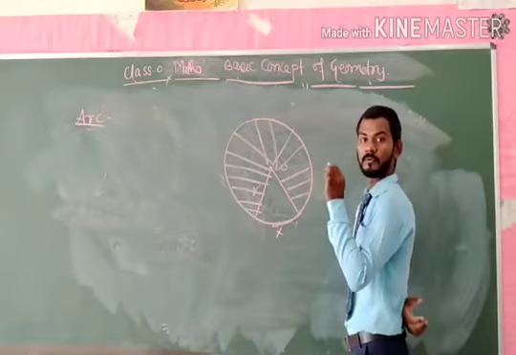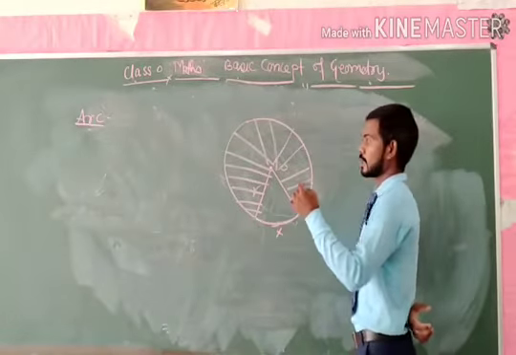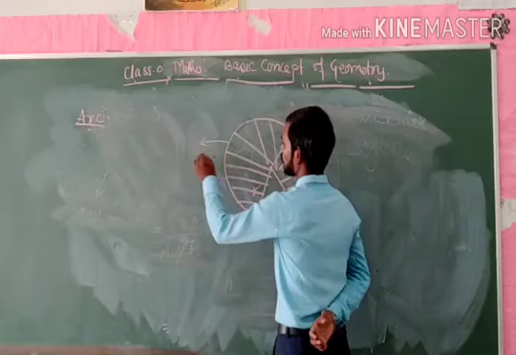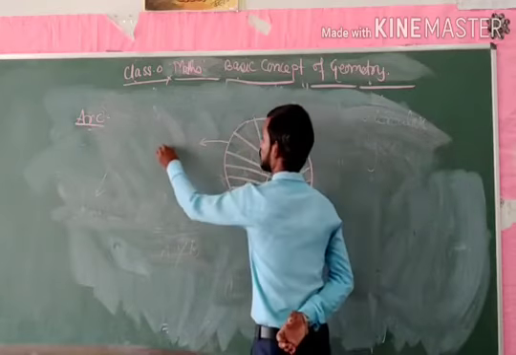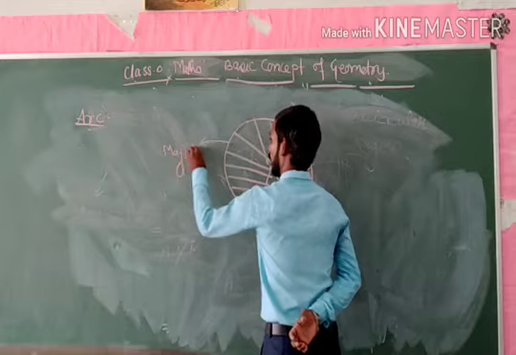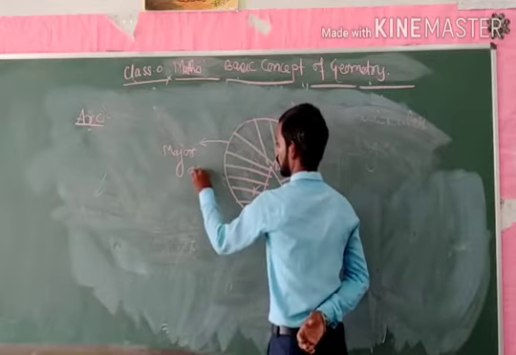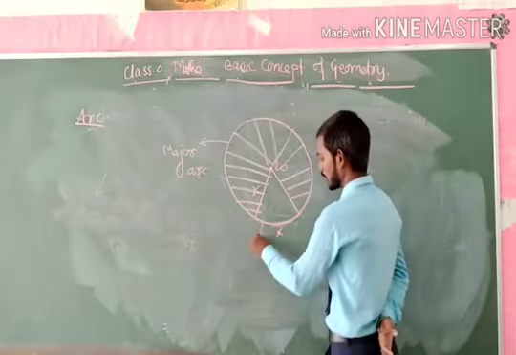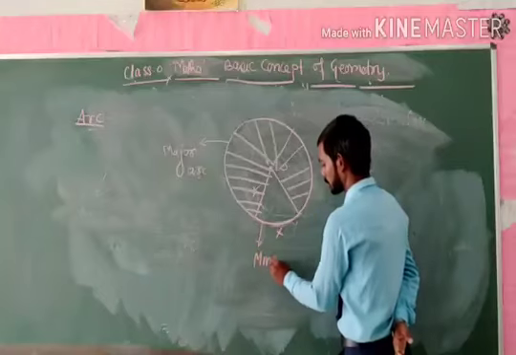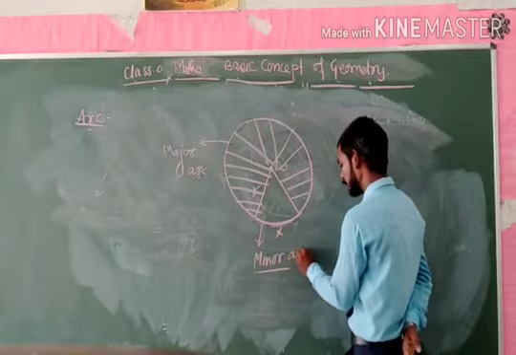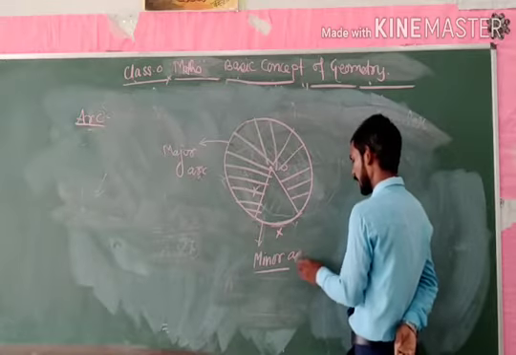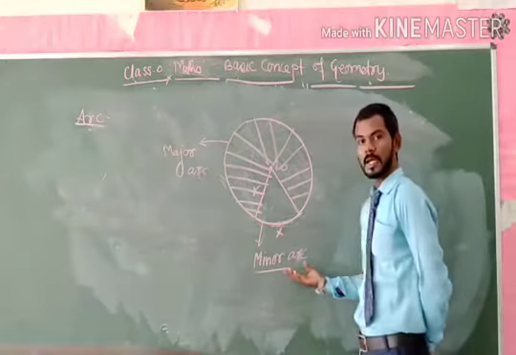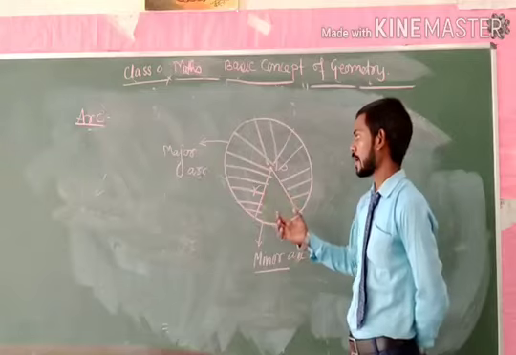The arc with larger area is known as the major arc, and the arc with smaller area is known as the minor arc. So we can say that arcs of a circle are of two types. The first is the minor arc and the second is the major arc.